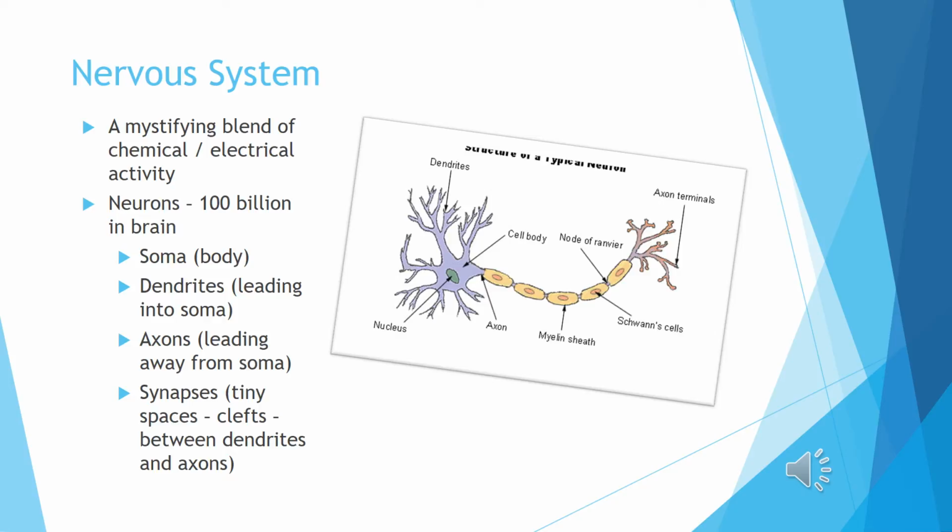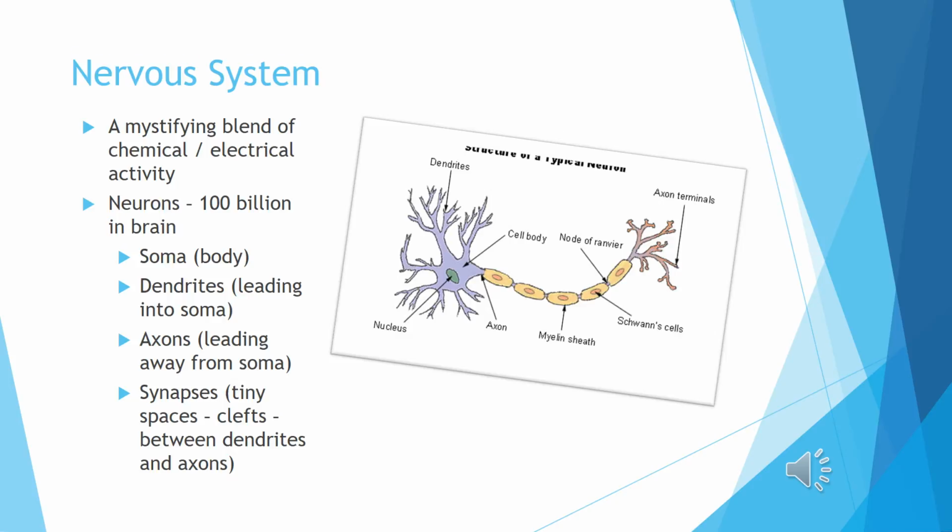Just want to remind you real quickly that our brain is also an electrical system, the nervous system, and it's a mystifying blend of both chemical and electrical activity with over 100 billion neurons in our brain, each with a potential of over 10,000 connections. And the neuron is formed with the soma, or the body, that receives messages coming in through the dendrites.